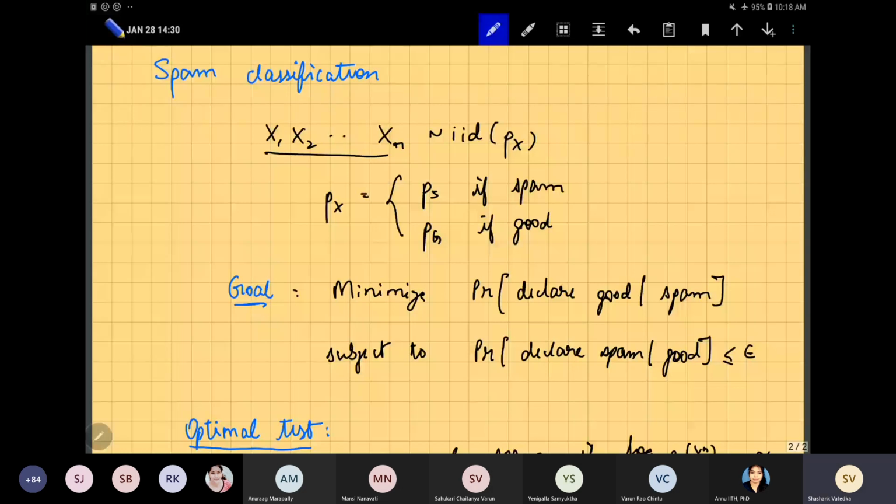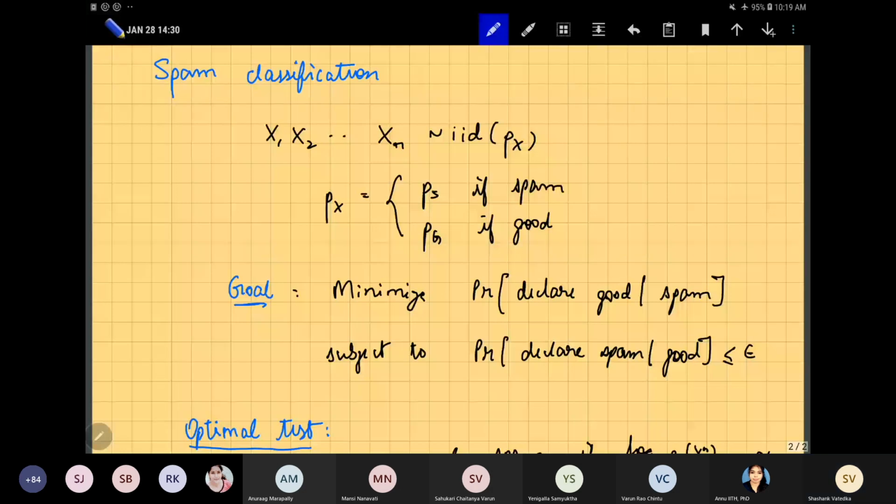Think of this as a single email. The email has maybe n letters. And again, we will use a very simplistic assumption that x1 through xn is IID distributed according to some px. Again, this is not reasonable for standard email, but these ideas can be extended to arbitrary distributions.